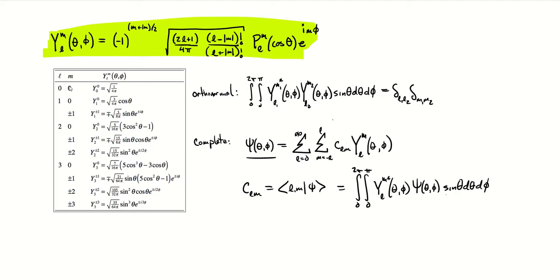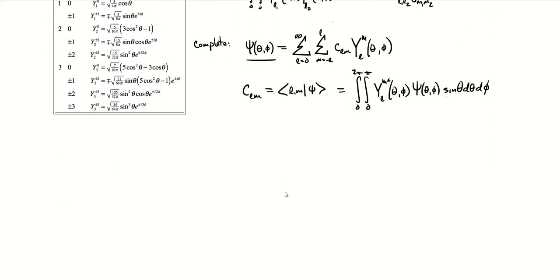And again, this sine theta term comes from the fact that we're in spherical coordinates, and that volume element is r squared sine theta d theta d phi. So we're looking at the angular part of this element, or the solid angle of that, so we get this sine term. But yes, they have orthonormality, they're complete.